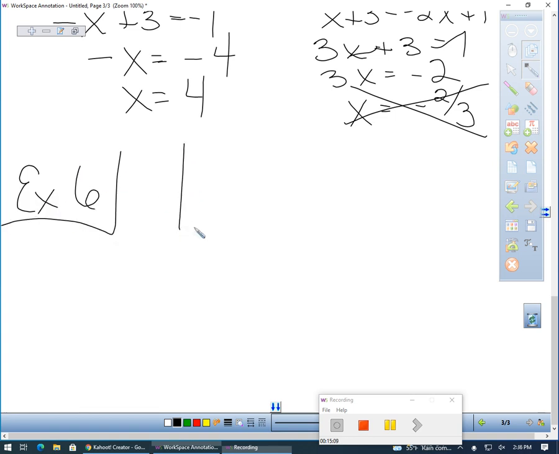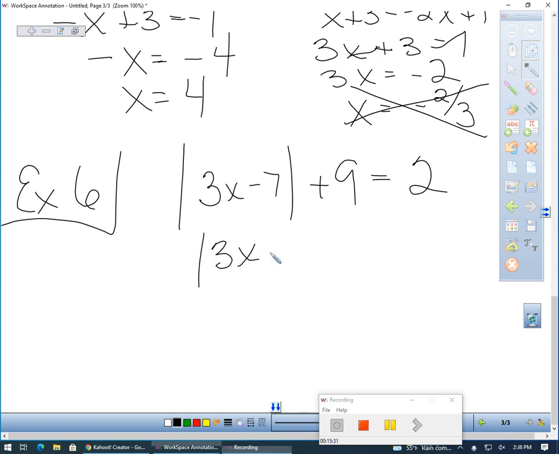Absolute value of 3x minus 7 plus 9 equals 2. What do we have to do first? Very good. We have to subtract 9 to the other side. So you have the absolute value of 3x minus 7 equals negative 7.